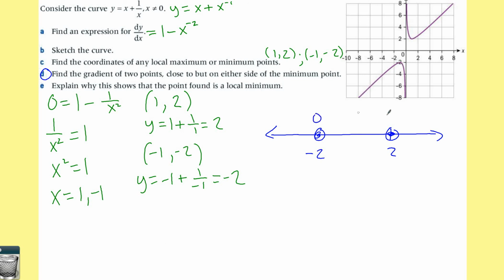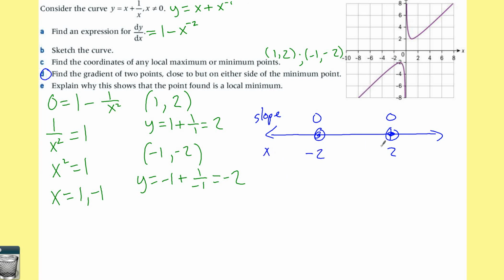So I'm going to put my derivative above it. This is your derivative, so your slope, and this is your x value.